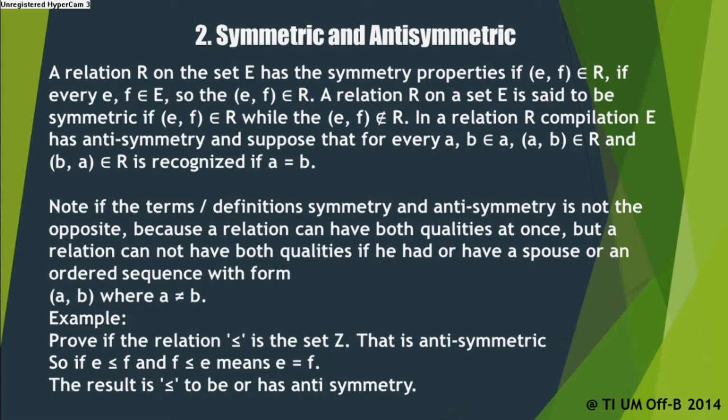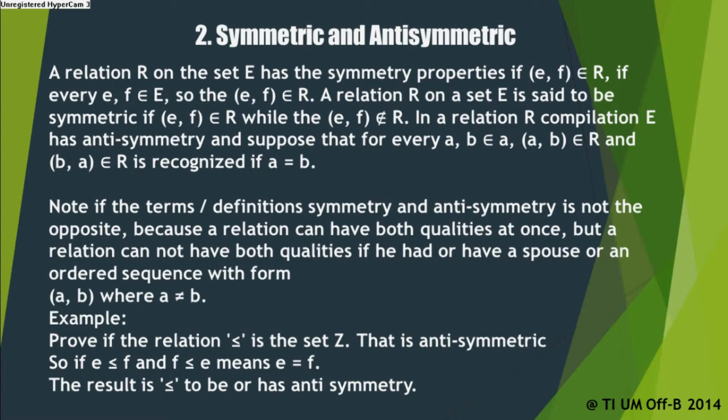The terms symmetry and antisymmetry are not opposites, because a relation can have both qualities at once, but a relation cannot have both if we have an ordered pair of the form (a, b) where a is not equal to b.